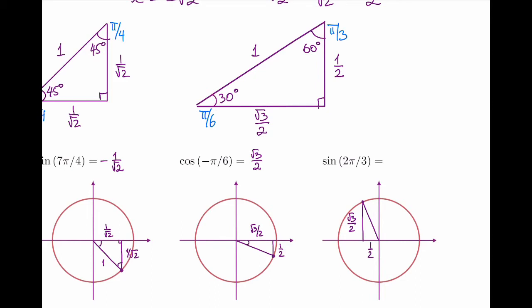The side opposite of a larger angle, which is 60 degrees, is bigger, or √3/2. Okay, so this is it. I'm asked for the sine, which is the y-coordinate of the point. So this point right here, I can see that this is my value right here, and it's of course on the positive side of the y-axis, so the positive y value. So it's also going to be √3/2.